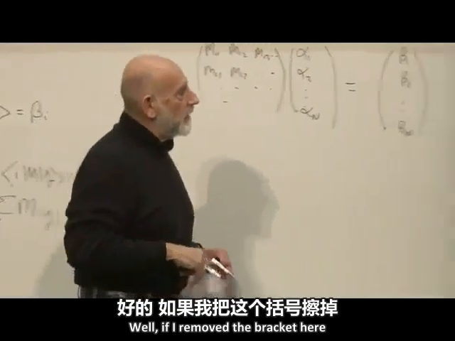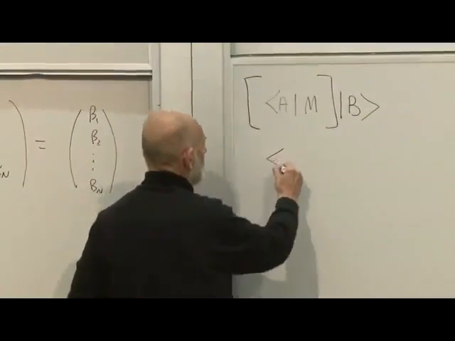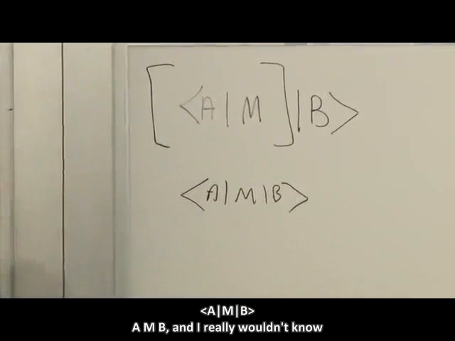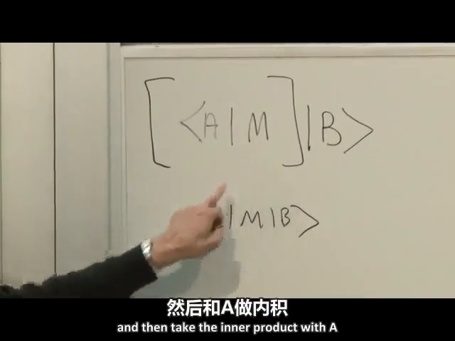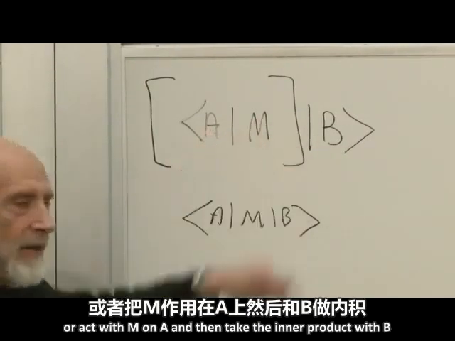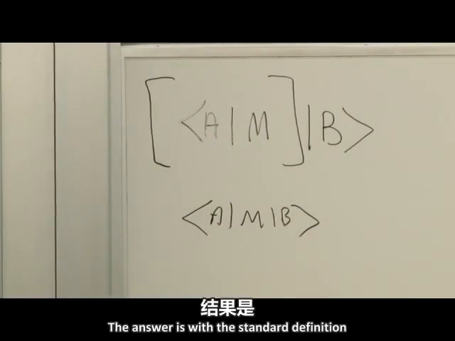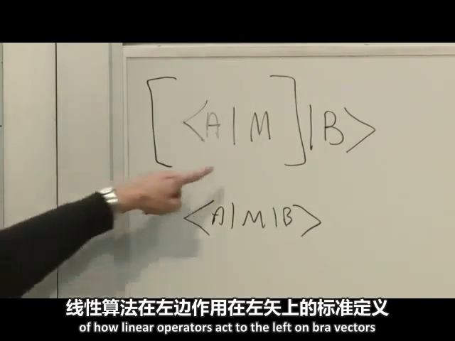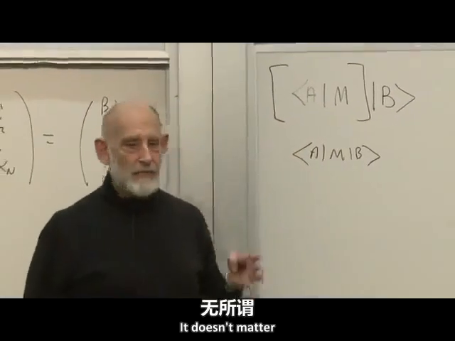Well, if I removed the bracket here, I would have a symbol which would look like this, A, M, B. And I really wouldn't know if what I'm supposed to do is act with M on B and then take the inner product with A, or act with M on A and then take the inner product with B. The answer is, with the standard definition of how linear operators act to the left on bra vectors, it doesn't matter.